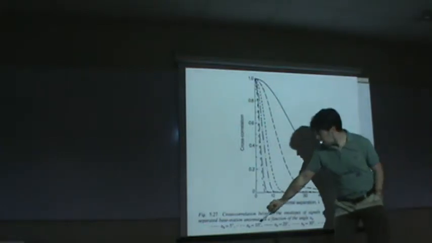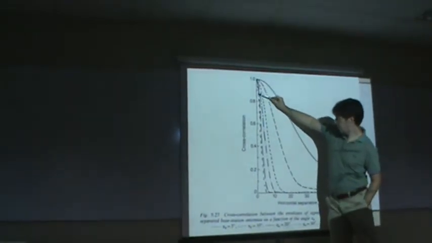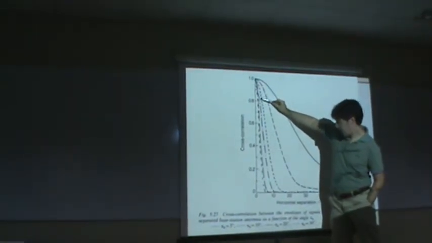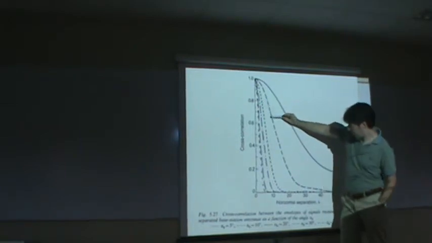So if we take a typical value for a base station of 10 degrees, depends on your geometry, but it's reasonable to have 10 degrees, we have this curve here. Let me see what it is. This one.